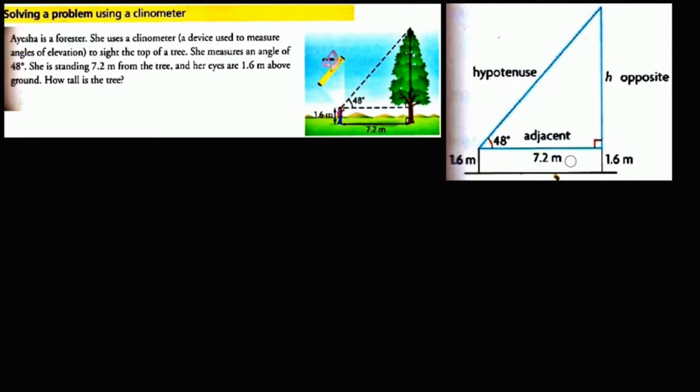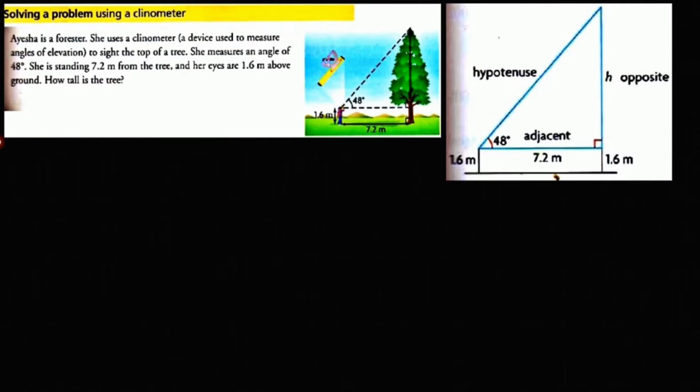So I draw a diagram here. It's 48 degrees, and this opposite side is the height, which is related to the 48 degrees. This is the adjacent side to 48 degrees. So we have the opposite side and the adjacent side, and we know the angle. So we can use tangent theta, right? So let's write that.